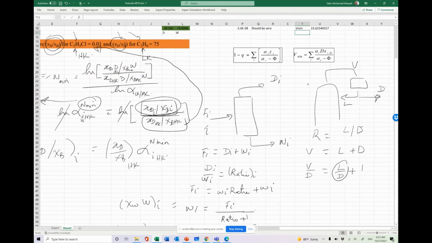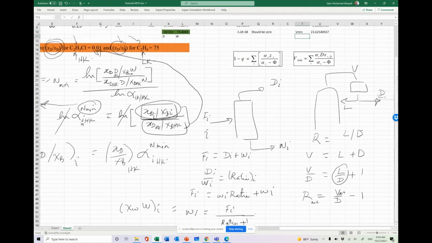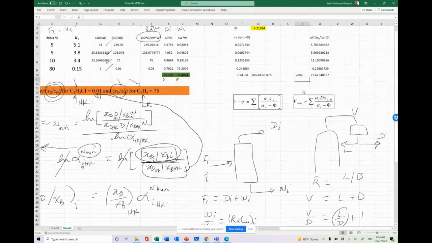So the flux ratio you are looking for will be V over D minus 1. All you have to do is, you know V now. Since you are using minimum V, that will be minimum as well. So R minimum is V over D. Where's V? This is my V.